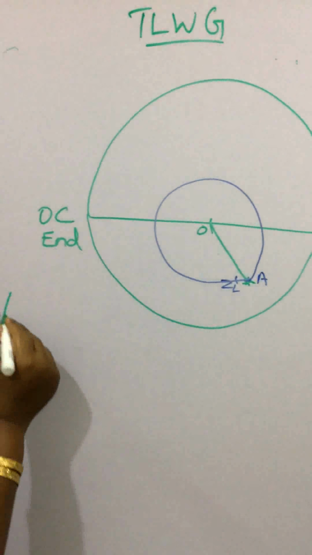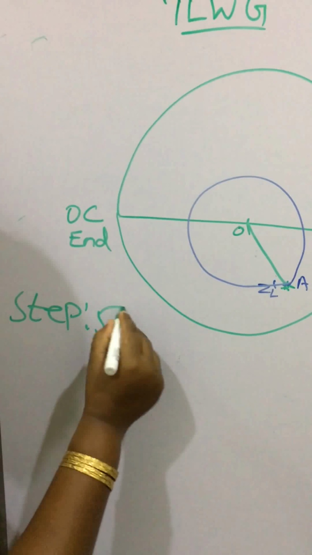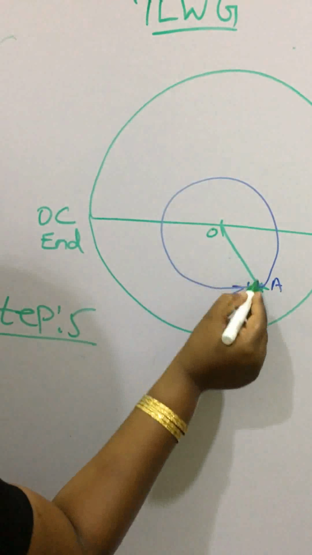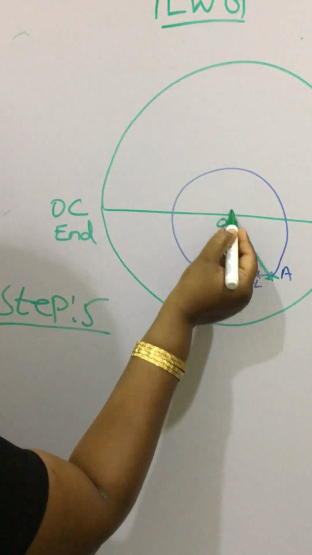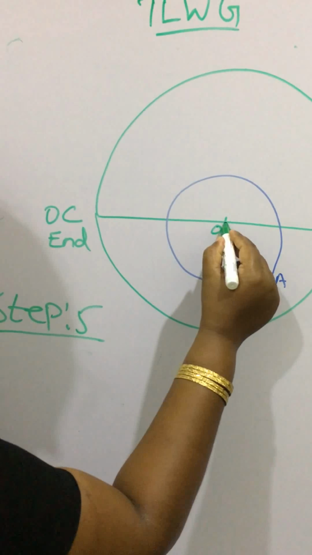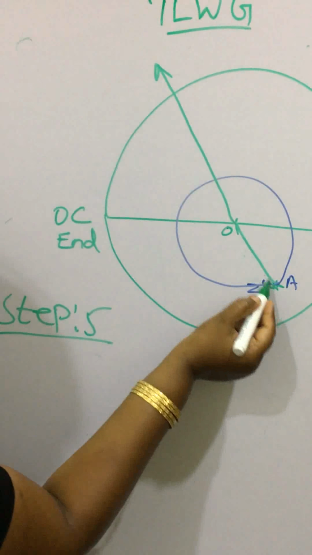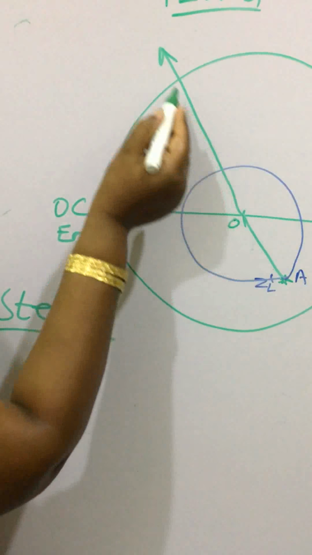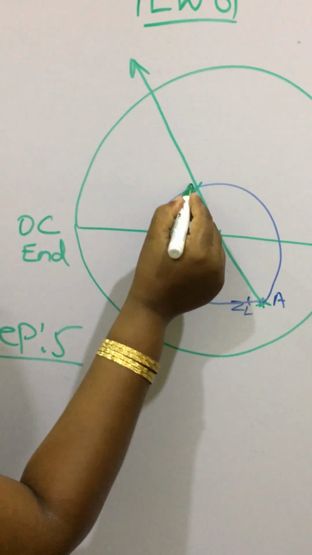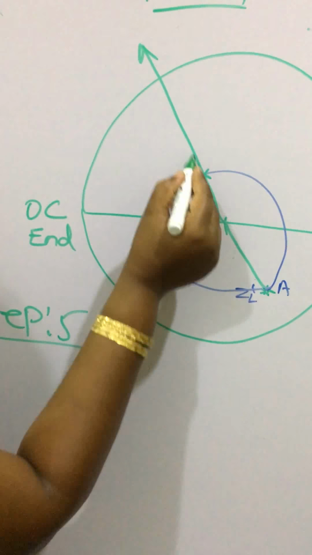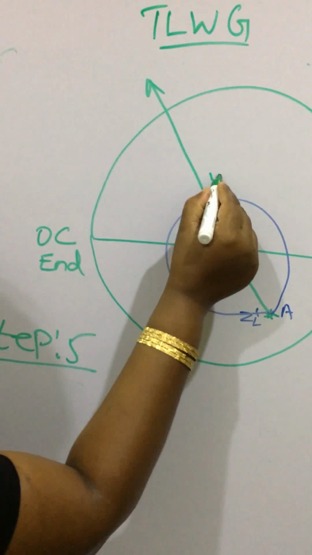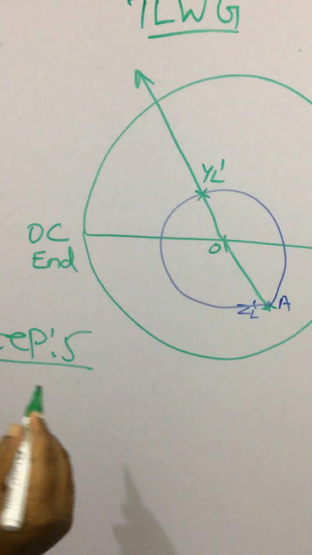In step 5, extend this line OA in the opposite direction, that is diagonally opposite, like this. By extending the line OA diagonally, we'll be getting two points. One is the intersection of the S circle with this straight line. That is called YL dash, the normalized load admittance.